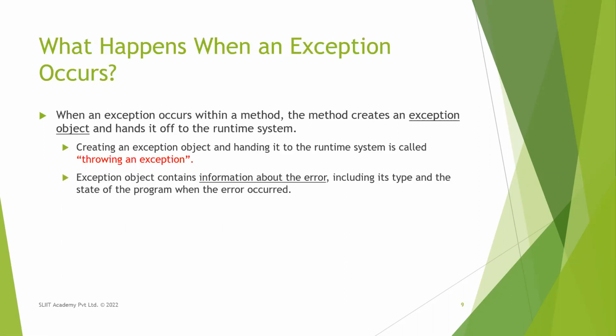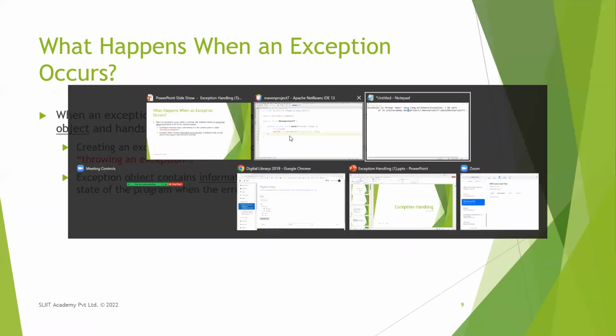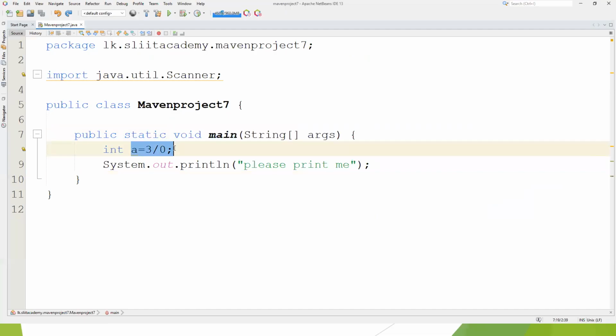Let's see what really happens when an exception occurs. When an exception occurs within a method, the method creates something called an exception object and hands it off to the runtime system. Here there's an exception.